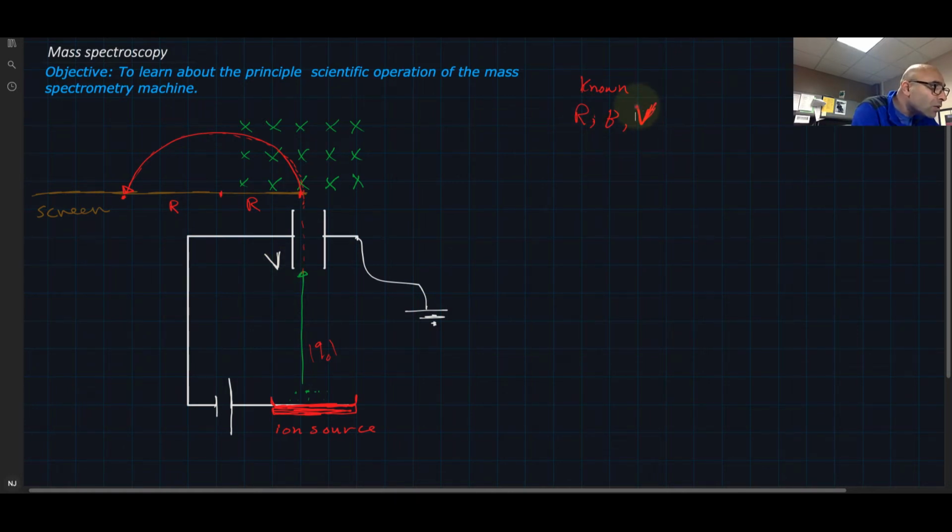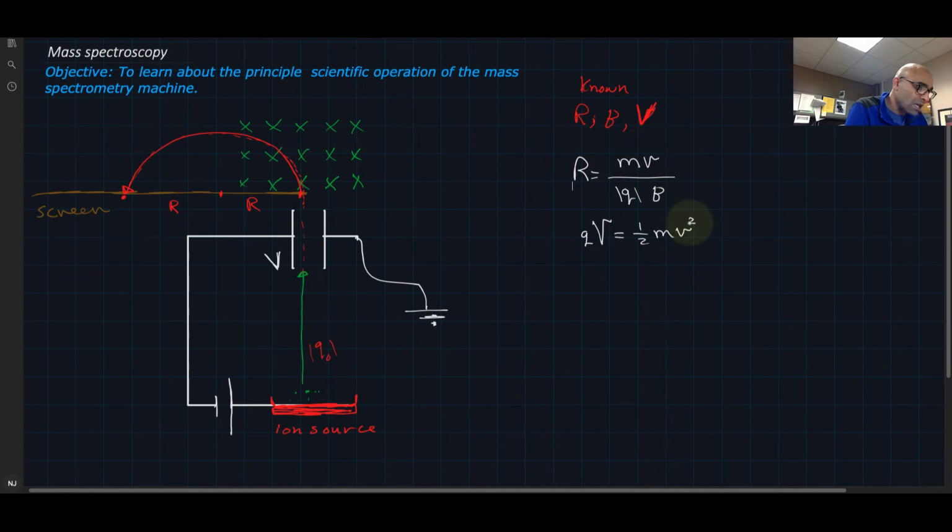All right. Now let's look at the equations we learned so far. We knew that the radius is equal to the mass times the velocity divided by the charge Q times B. We also learned that if a charge is accelerated from rest through a potential difference, then Q times the potential difference is equal to 1/2 times the mass times the velocity squared.